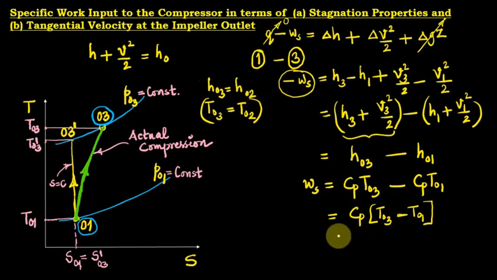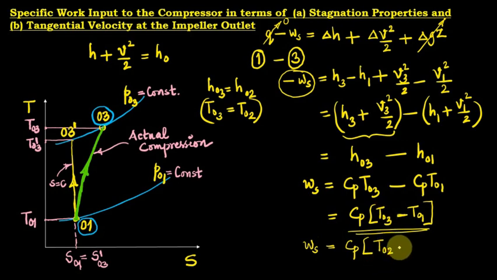So this is the relation for the work done, and it can be rewritten in terms of the temperature T02. It is Cp into T02 minus T01, since T02 is equal to T03.